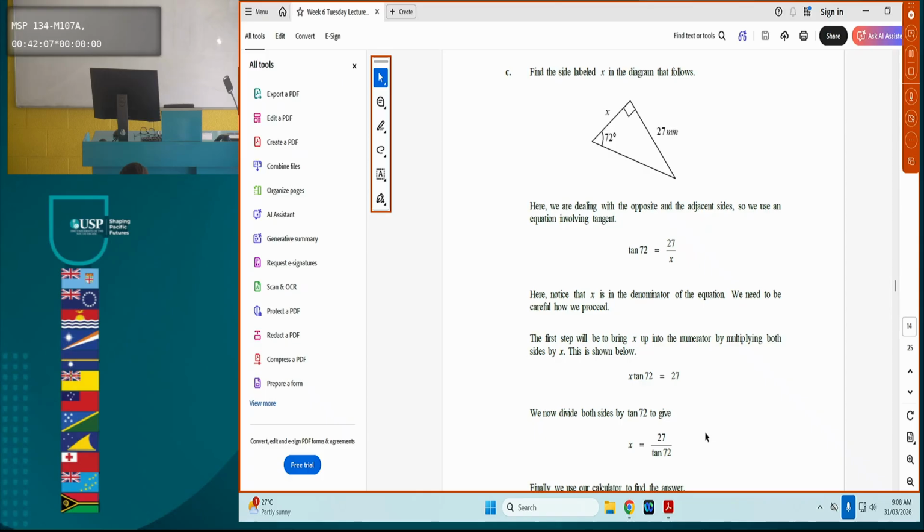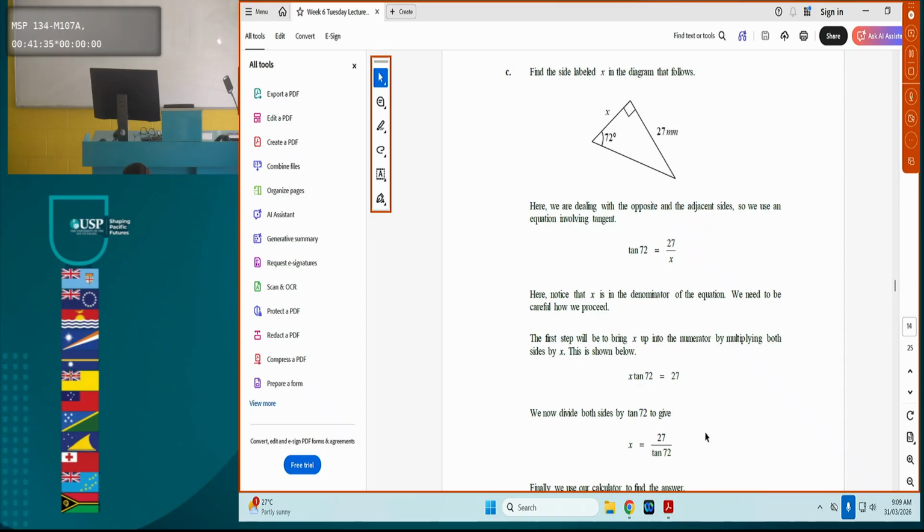Tangent 72 equals 27 over x. This is over 1, eh? So what can we do here? We can just flip the two sides over. So that means 1 over tangent of 72 equals x over 27. So to find x, we'll move the 27 to the other side, multiply it to the other side.